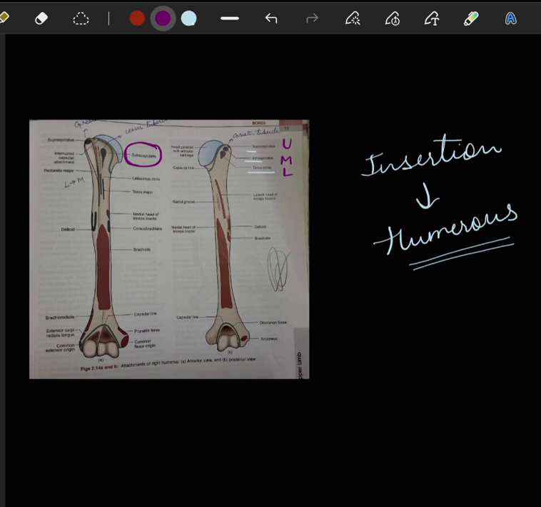So we have a mnemonic for this. For the insertion, this is SIT.